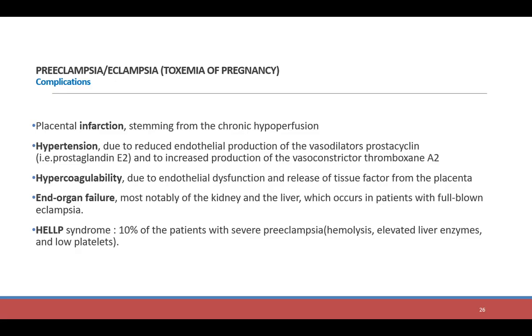There are many complications of preeclampsia. Remember infection, hypertension, hypercoagulability, end organ failure, sometimes HELLP syndrome. All of these are complications of preeclampsia.